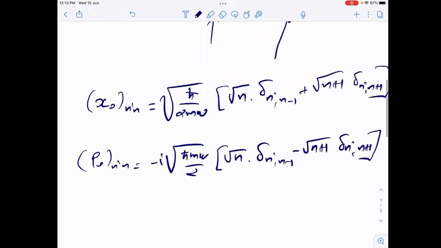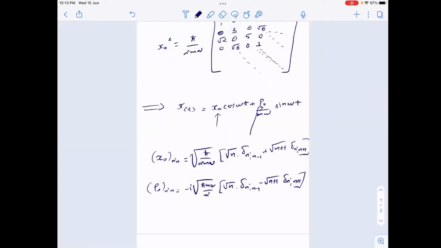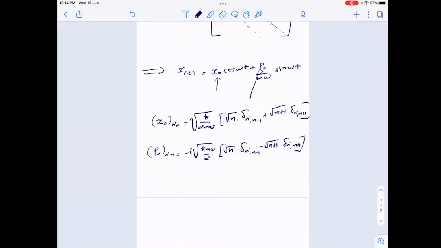Fine. So we then substitute them here in xt, and that's it. You get the answer. Similarly, you begin with pt, and you have to substitute again.